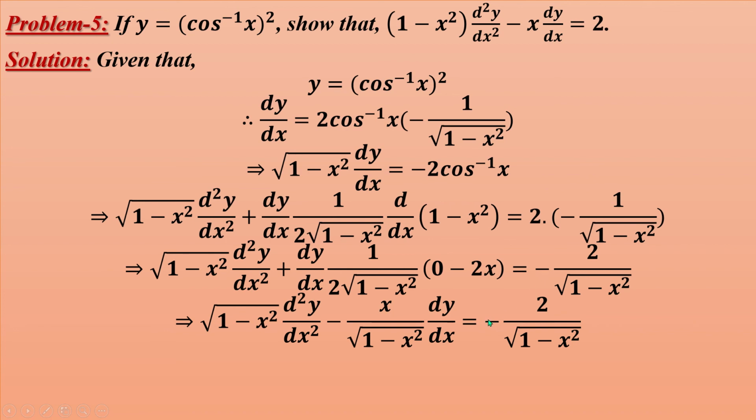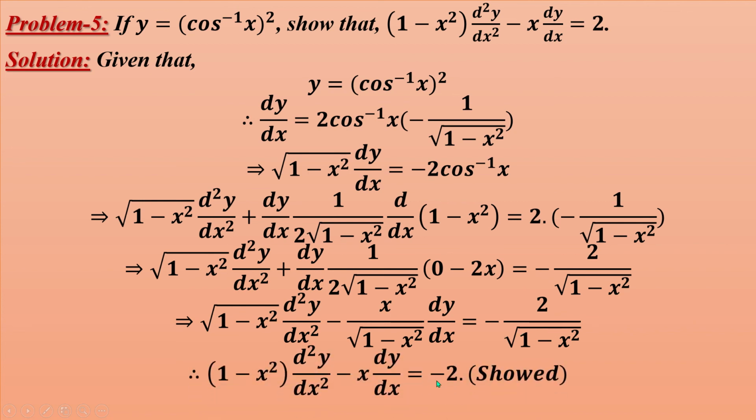Okay, now multiplying both sides by square root over 1 minus x square, as a result we get 1 minus x square d square y by dx square minus x into dy by dx, sorry, here will be plus 2, hence proved. Clear everyone? Here the minus is missing, here will be plus, here will be plus, also here will be plus.